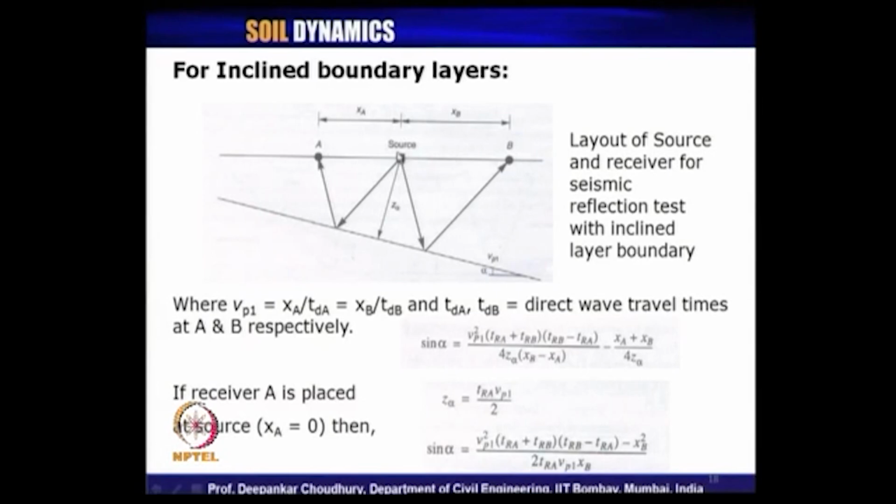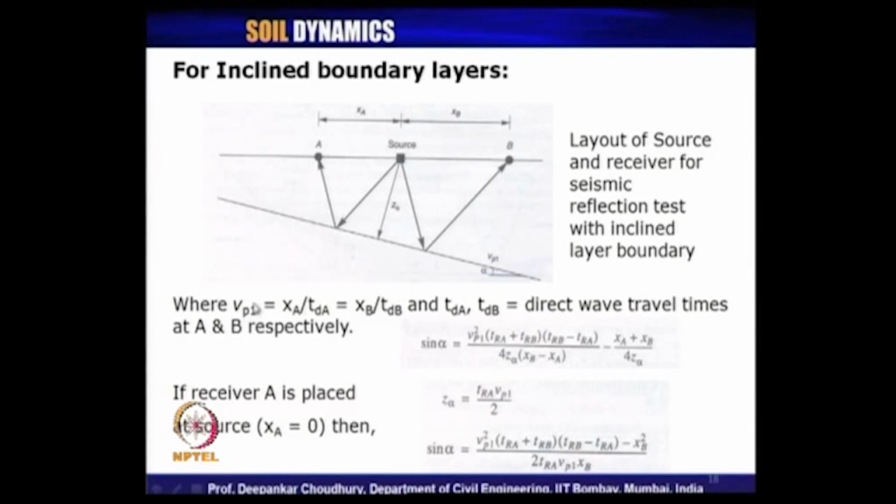In this case, suppose this is the source point and A and B are the two receivers on both sides of the source at distances of x A and x B on the ground surface, horizontal distances. And alpha is the inclination of this layer with respect to horizontal, and Vp1 is the primary wave velocity of this top layer.